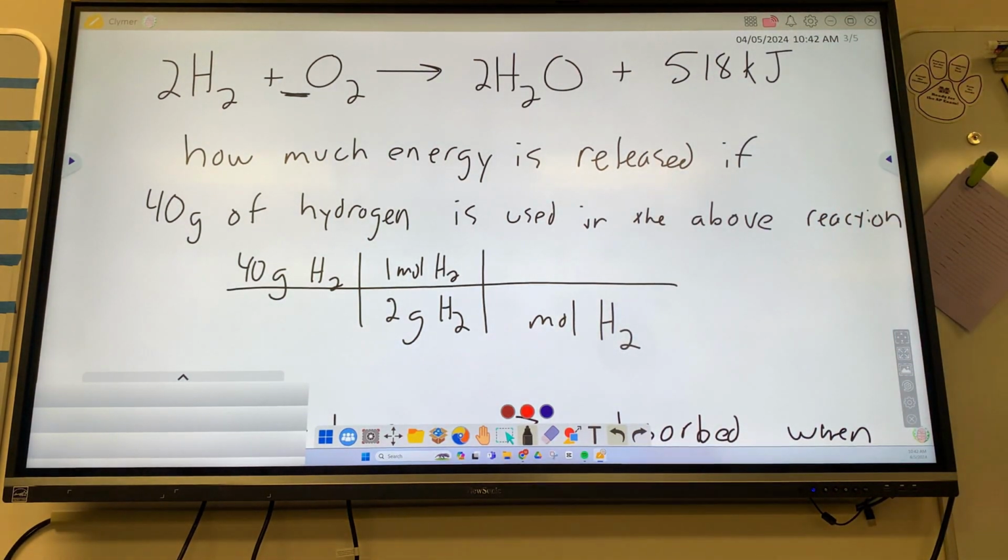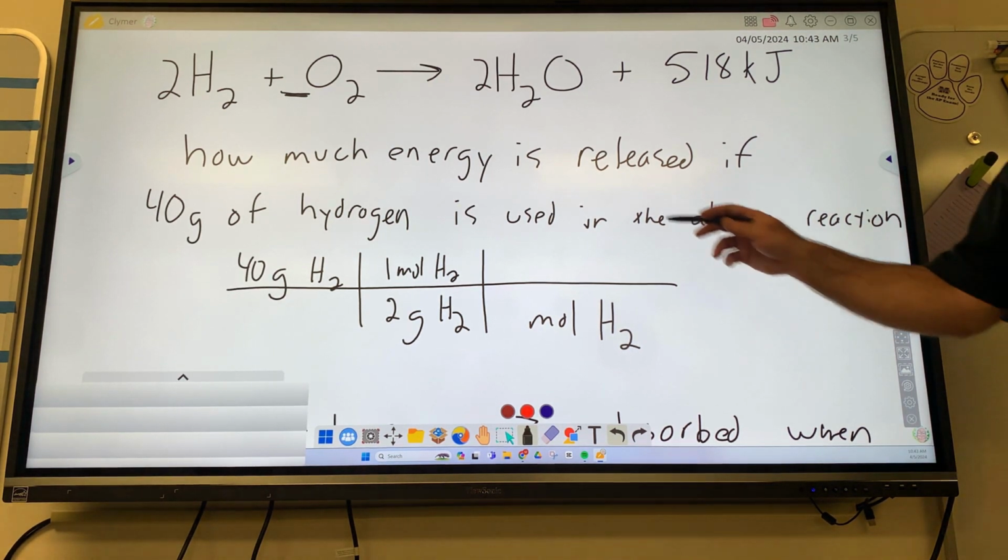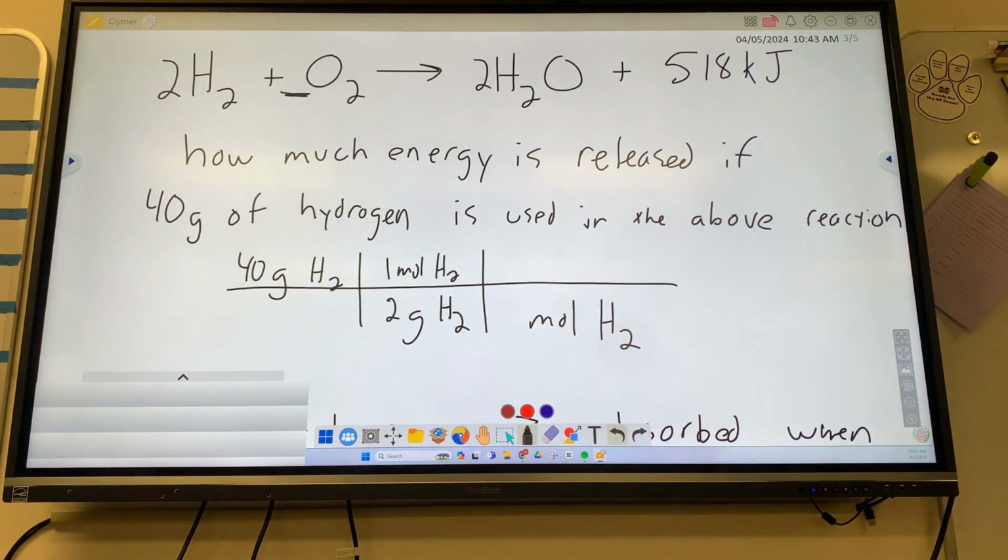So here I am at this step. What do I do from here? So far, this is just a pretty standard looking T-chart. Start with grams of something, use molar mass, get to moles of something, but now what? Now I've got this equation up top with energy in it. I'm at moles of hydrogen. What do you think would go top and bottom here?